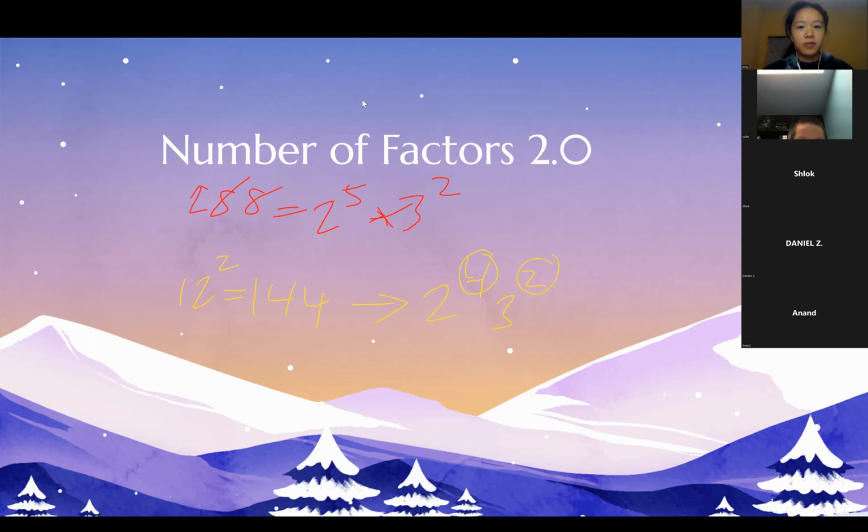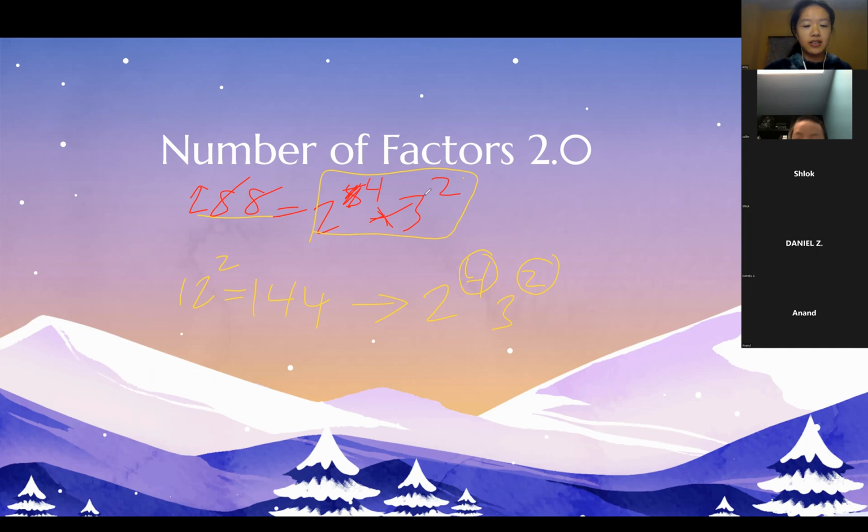Therefore, when you're trying to find the number of perfect square factors in something like 288, if the exponents are even, just leave them be. But if they're odd, take one out. So 2 to the 5th is now going to become 2 to the 4th.